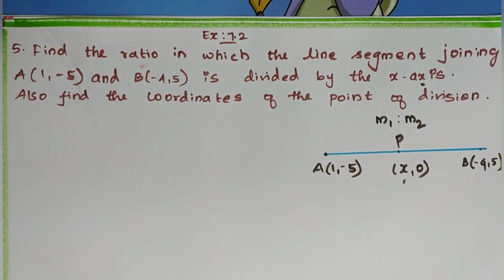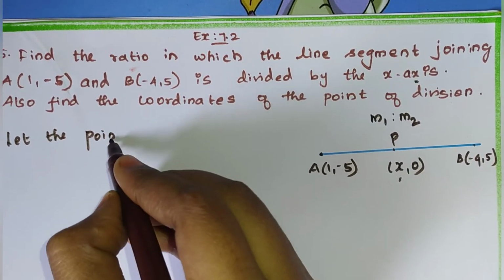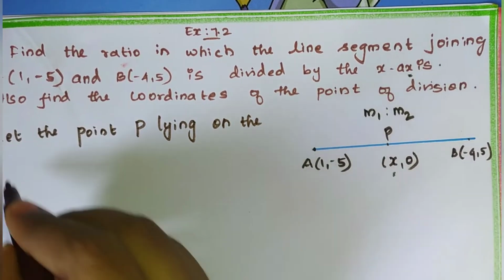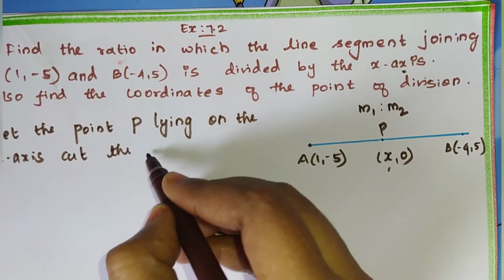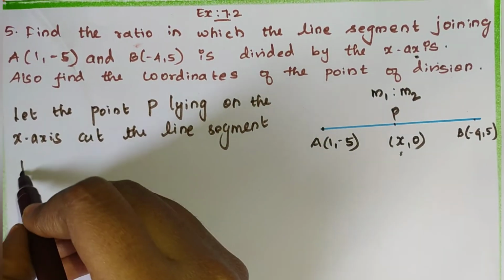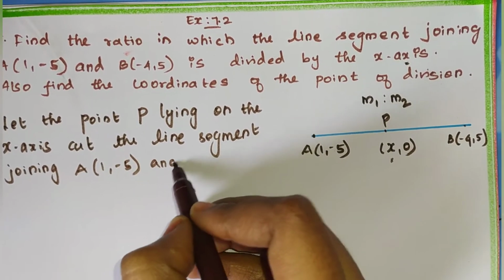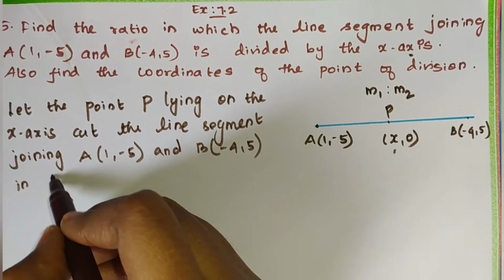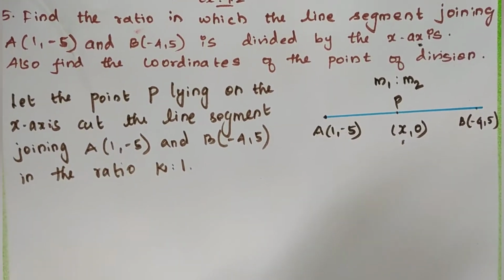Is there any doubt? So first, let the point P lying on the x-axis cut the line segment joining A (1, -5) and B (-4, 5) in the ratio k is to 1.